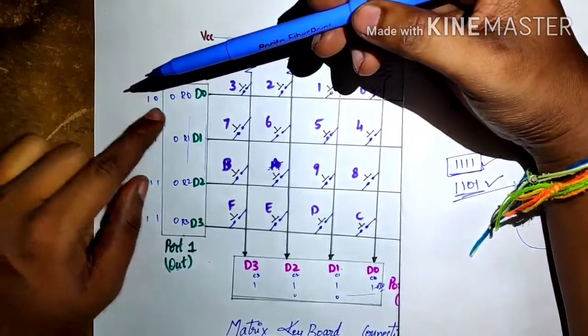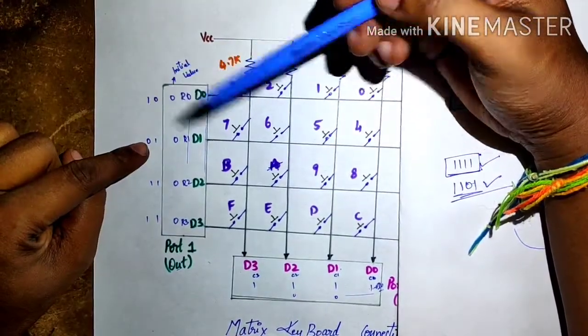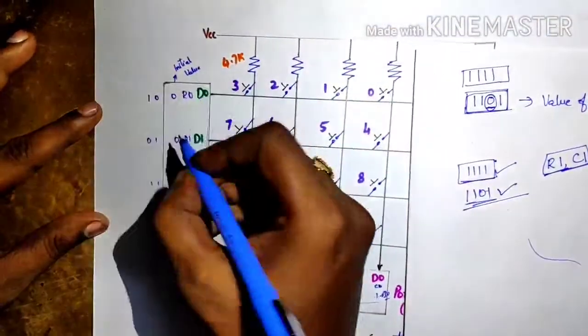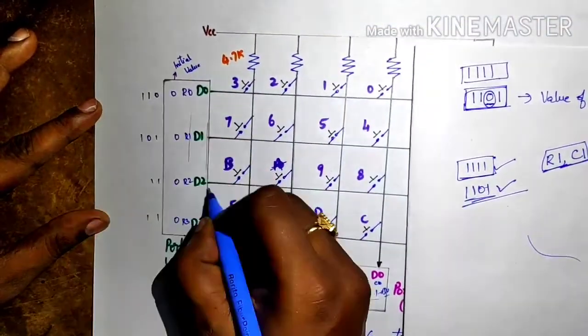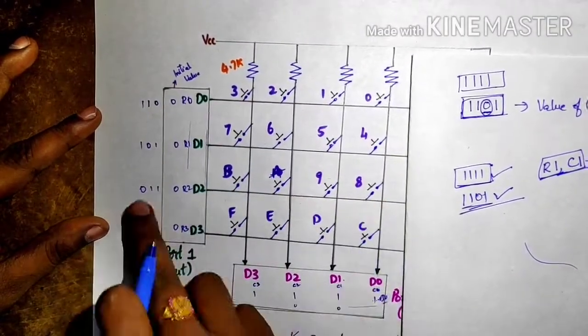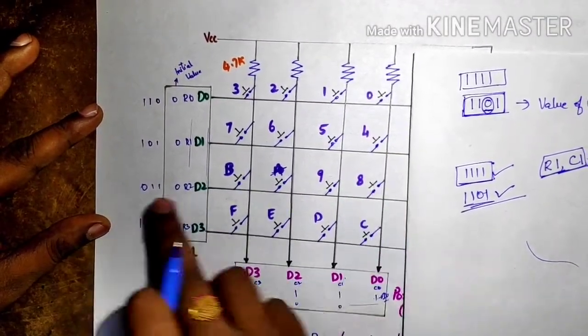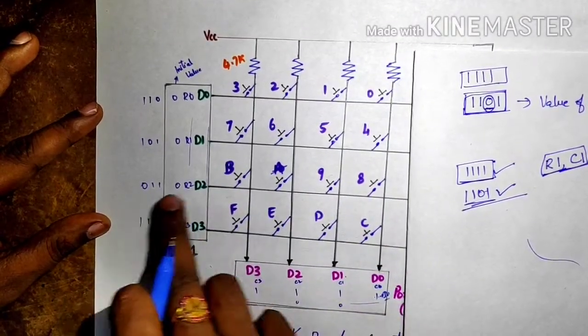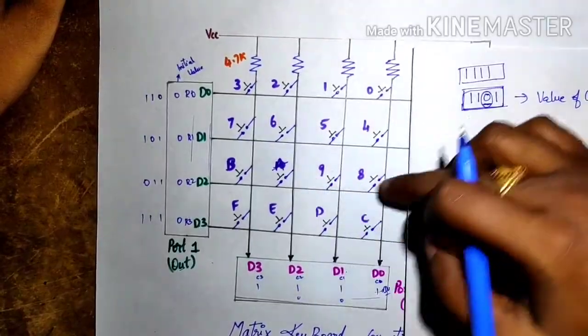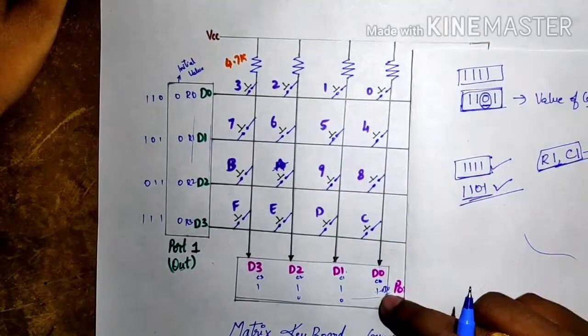In step 2 it will make R1 0 and remaining ones. In another step it will make R2 0 and remaining ones. So in this example we have taken 8. Whenever we are making R2 0, as this key has been pushed, the C value will be there.